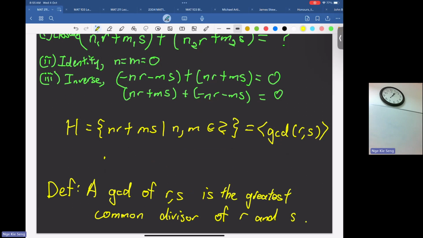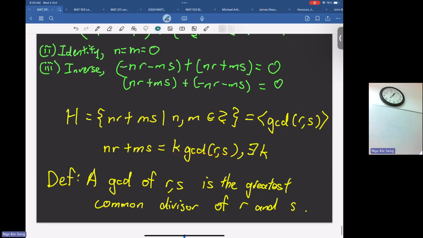In particular, nr plus mx is divisible by the GCD of r and x, so there is some k. Does it make sense? Because it's the greatest common divisor, the GCD divides r and x. Does it follow or not?